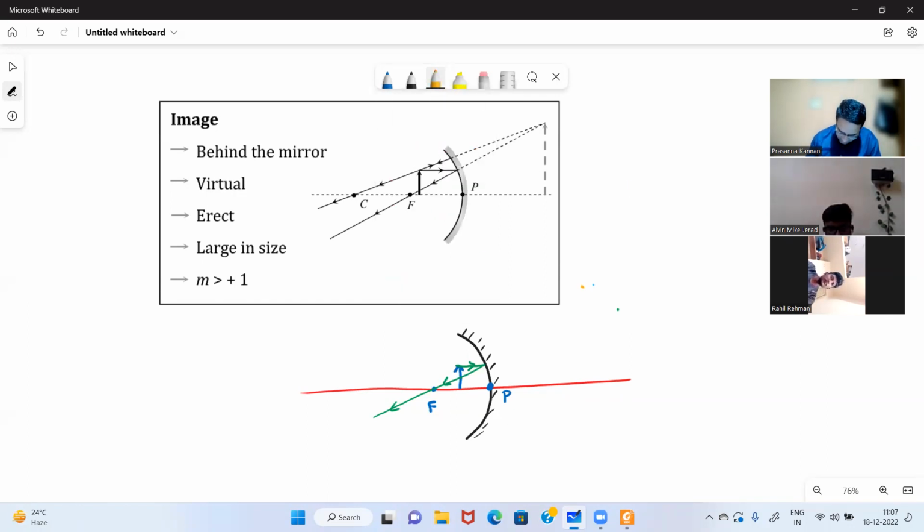Now let's say I draw a ray. If I draw a tangent here, the normal will be along the same line. Let's say this is the center of curvature.